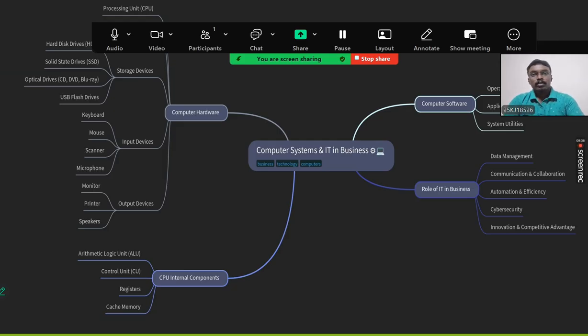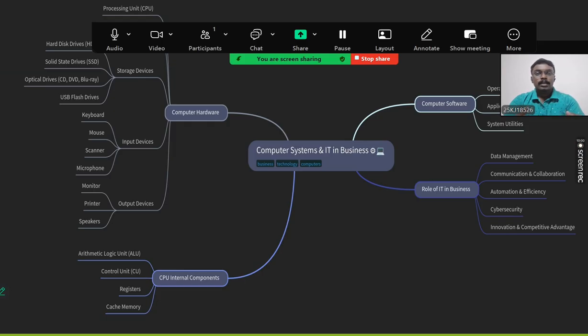Without this software we cannot operate a computer or a laptop. The next one is application software. Application software are basically the apps that we download from the store, like MX Player, VLC, and any other software which are of use to us.